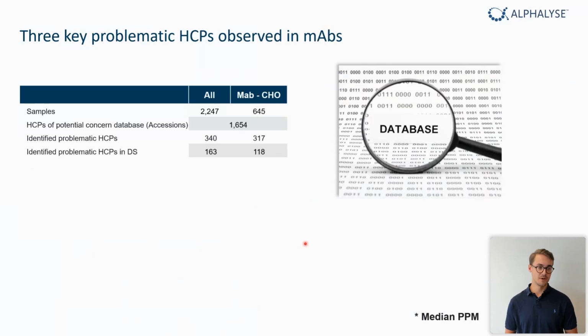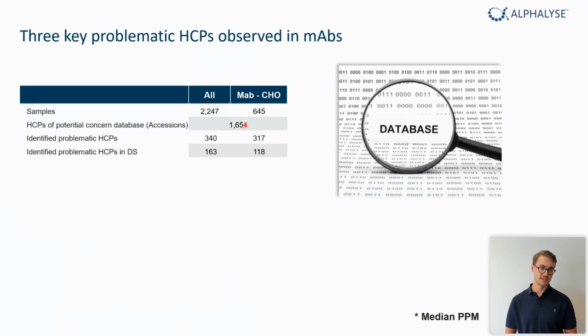So let's say we have 2,000 samples, and of those, 645 of them are mAb-CHO based, and we have an internal database of 1,600 potential concern HCP accessions.